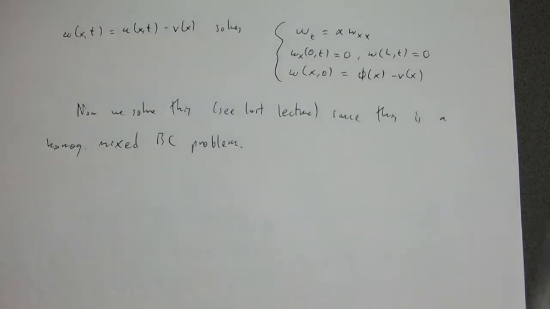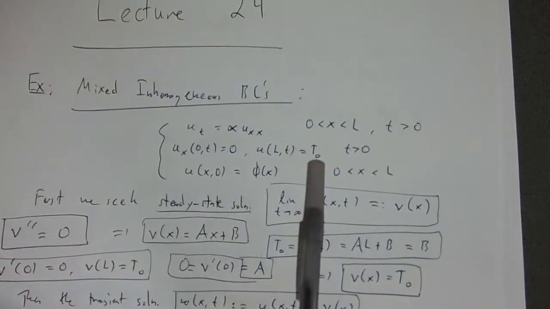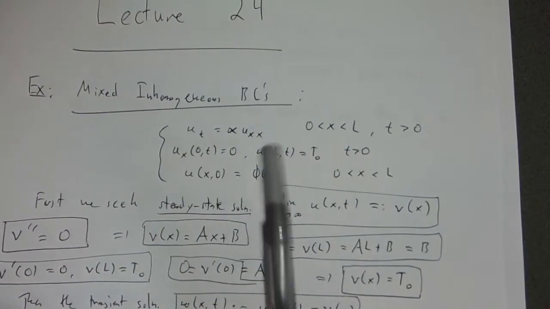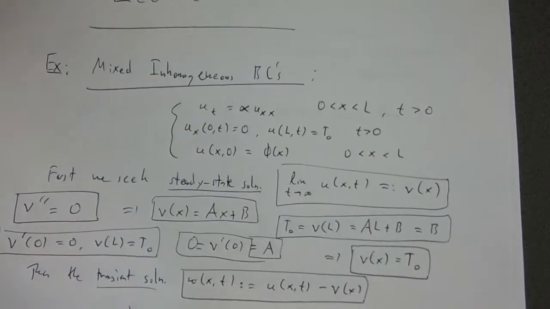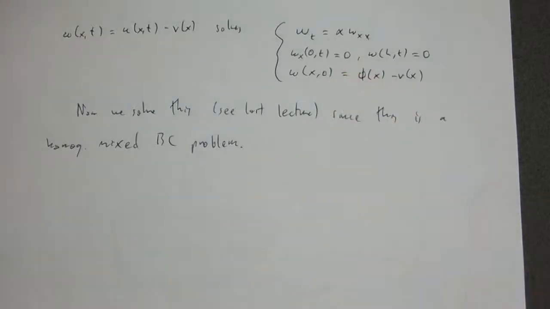Of course, physically, you can ask yourself, does it make sense that the steady state solution here is T naught? Given the physical description of what's going on, I think you can convince yourself of that. And so anyway, we know how to solve this problem now.